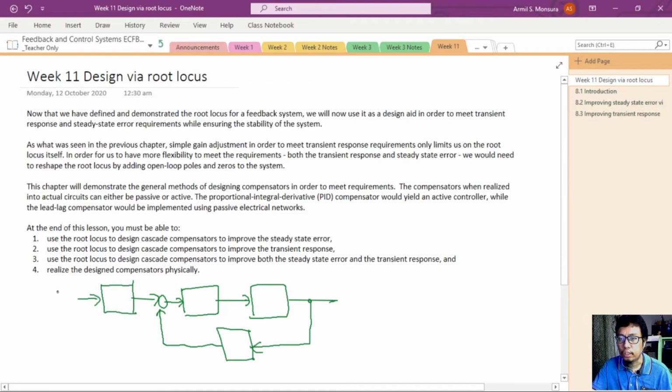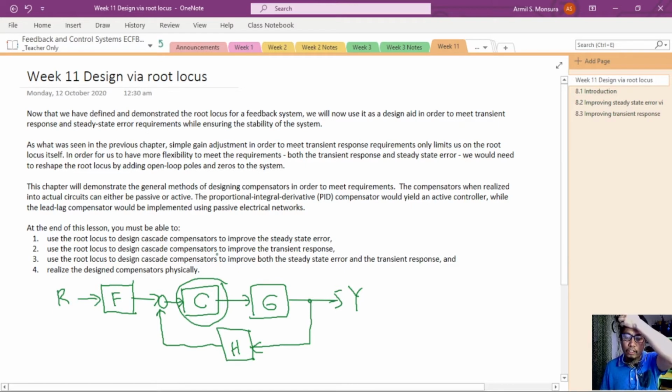So this is your input R, this is your output, say Y. Now this is your input transducer F. This is your plant G. This is your feedback H. And this would be your controller C. Ito yung i-design natin. We would need to come up with a design of the transfer function for this C so that we would be able to meet your transient response and steady state error characteristics.